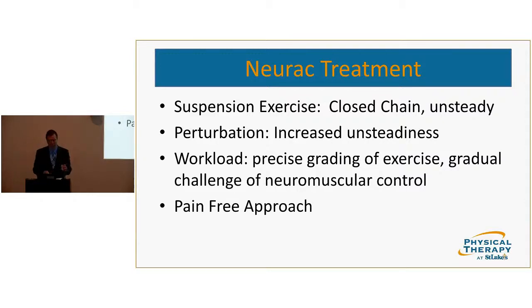And this is one concept that I think really makes this treatment approach stand out. I can work with an Olympic athlete and give them a very, very challenging workout. I can work with a very frail person and give them a very safe workout, and everybody in between. And the real big thing is it's pain-free. If it's producing pain, you're changing how the body recruits muscles and in what order.